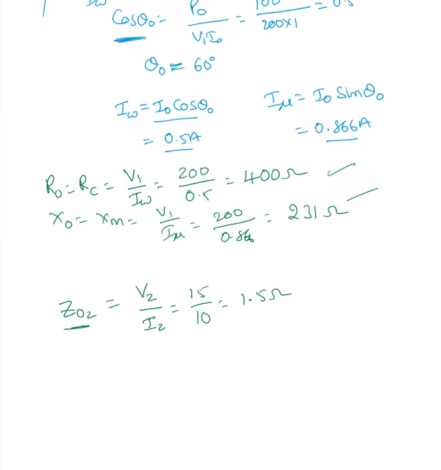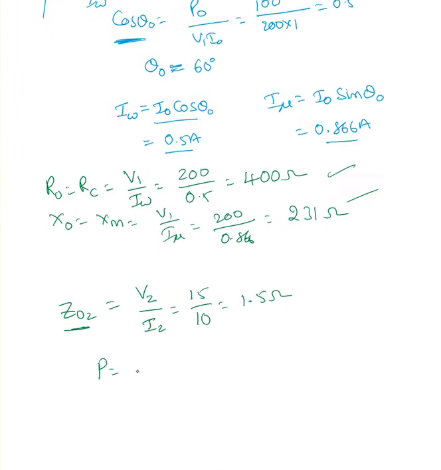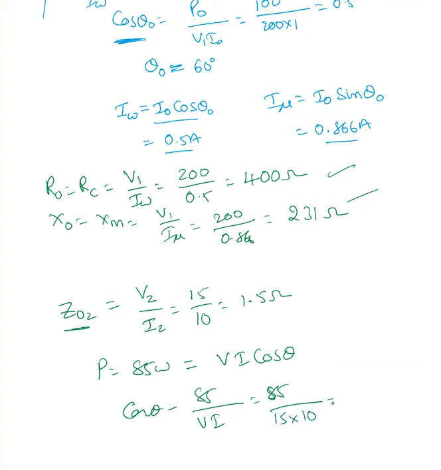P equal to 85 watts, which is VI cos theta. So from there I can find cos theta. Cos theta equal to 85 over VI. 85 over V is 15 volt, I is 10 ampere.